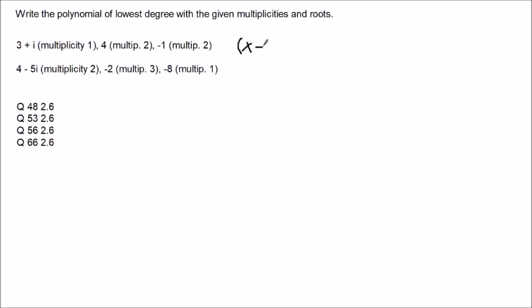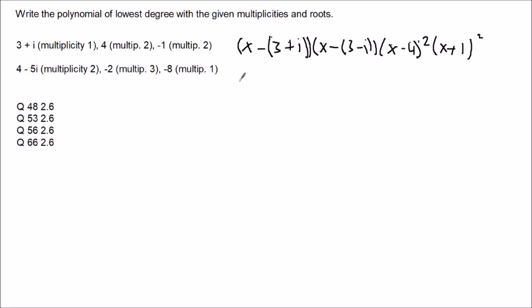So we have x minus 3 plus i, x minus 3 minus i, x minus 4 squared, and then x plus 1 squared. And I'm not going to expand it. You don't have to expand it, unless you want to, as an exercise, just for fun.